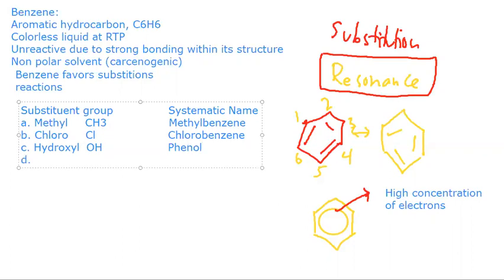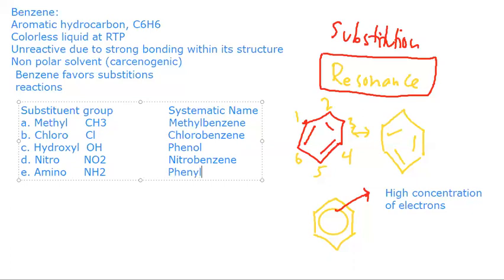If my substituent is nitro, NO2, then the systematic name is nitrobenzene. If my substituent is amino, NH2, then I will have phenylamine. And if I have carboxylic acid, COOH, then I will have benzoic acid.